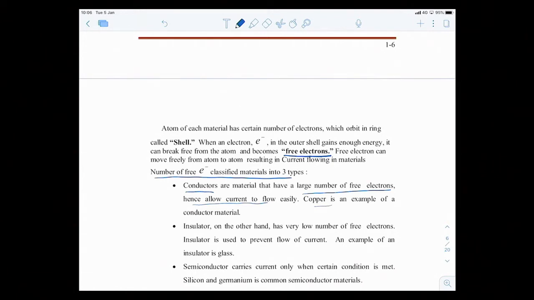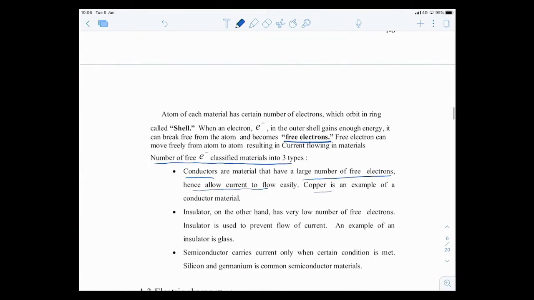Another type is the insulator. An insulator has a very low number of free electrons, so not many electrons will flow, and there's no current flow. So we use insulators to prevent the flow of electrons. For example, glass is an example of an insulator.